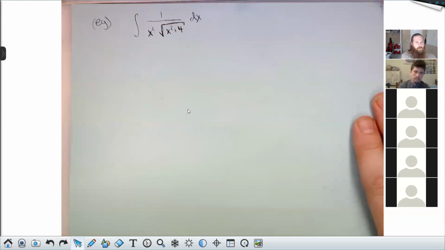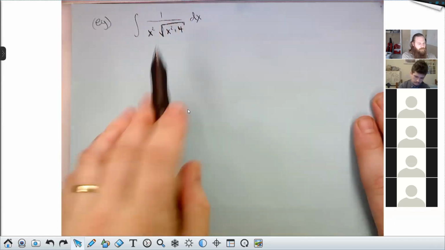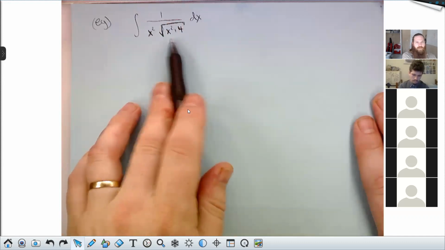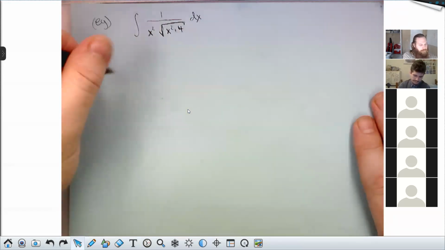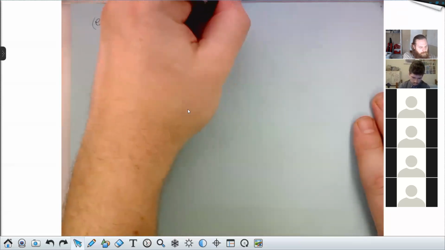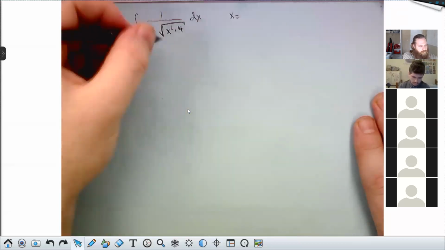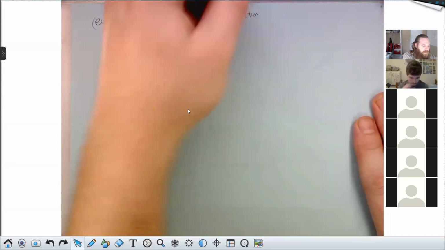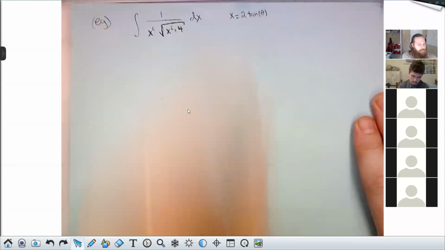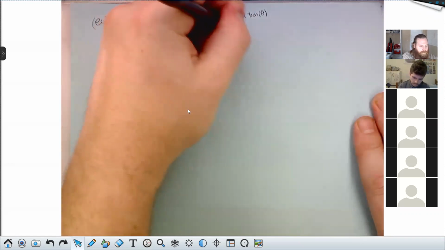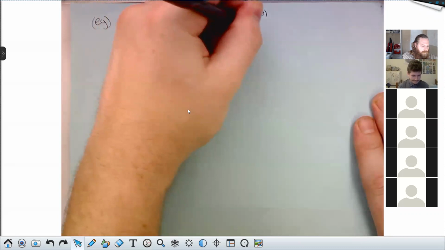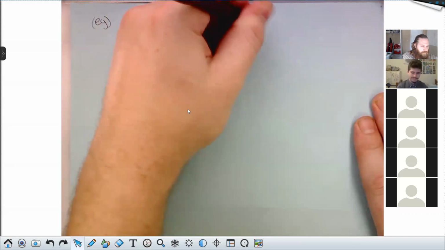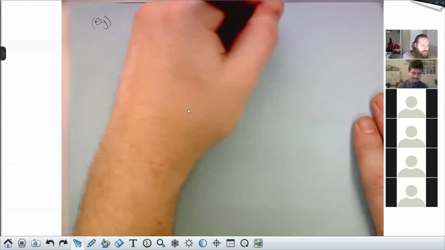But if I look at this and I compare to my Trig Sub Bible, I have an x squared plus 4, which is like a squared plus x squared. So the move here is going to be to substitute x equals 2 times the tangent of theta, which will make dx 2 secant squared theta d theta.